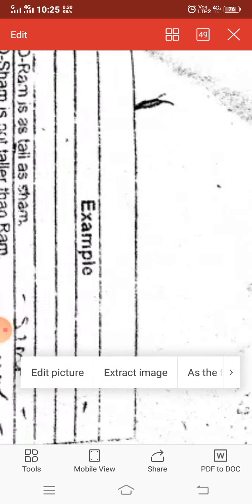Here Ram is the usual subject, and Sham we consider as the new subject. The last subject is the new subject, so in the first example we have to take Sham first.